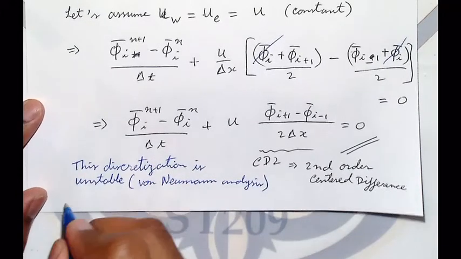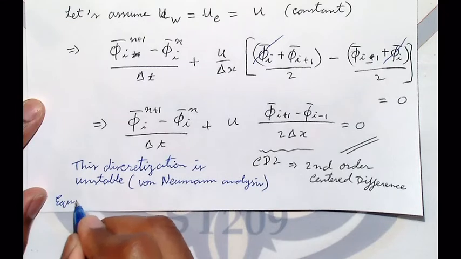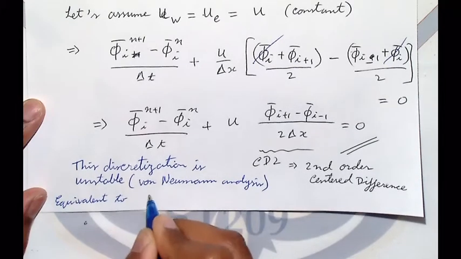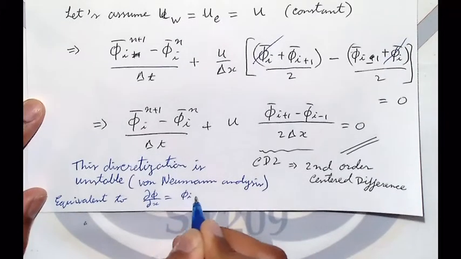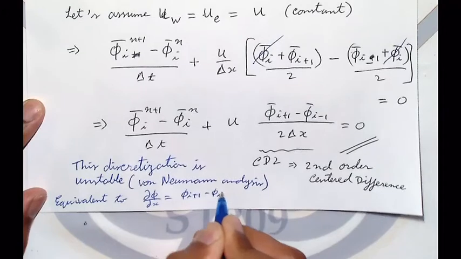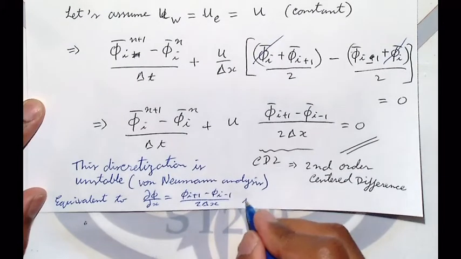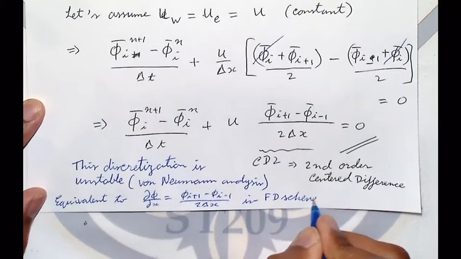Okay, and again, this is equivalent to saying that del phi by del x is phi I plus 1 minus phi I minus 1 over 2 delta x, in the finite difference schemes. And we looked at exactly that.